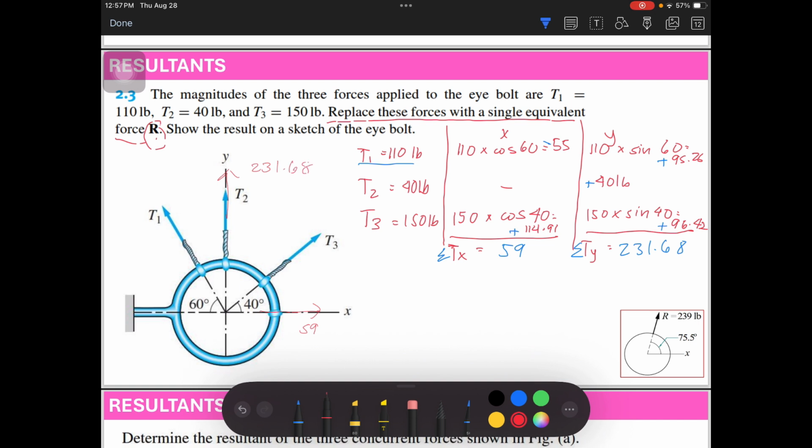We need to get yung kanyang resultant. So, what's the resultant? It is equal to square root ng summation sa Tx square mo plus summation ng Ty square mo. So, that is square root ng 59 squared plus 231.68 squared.